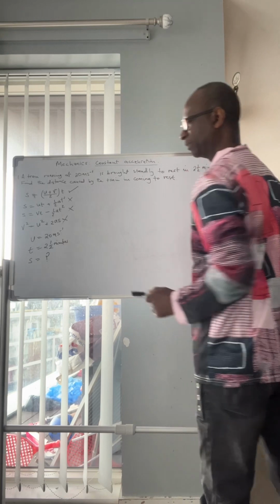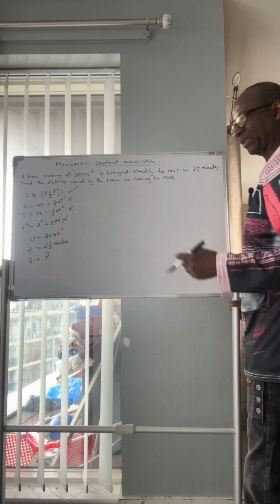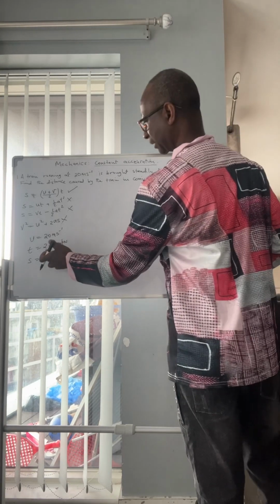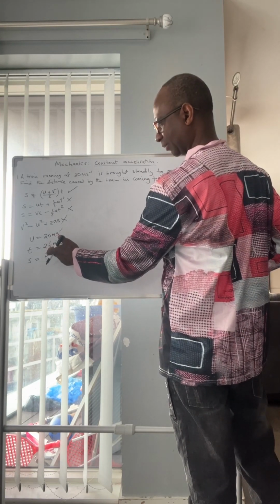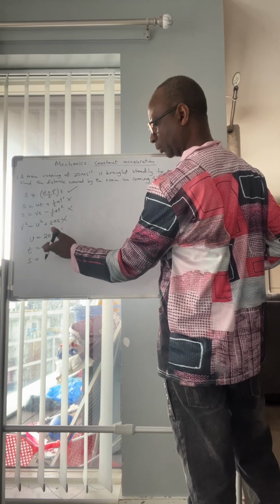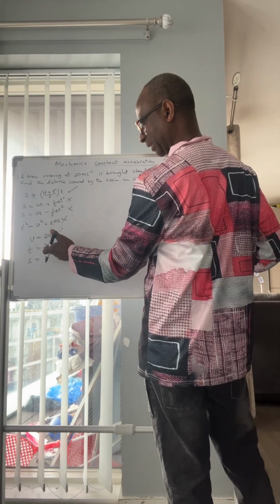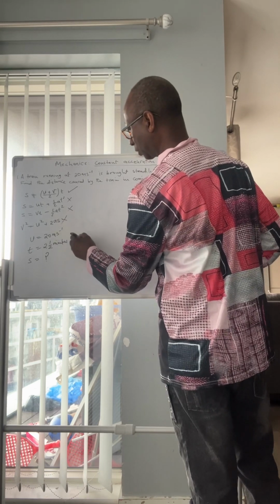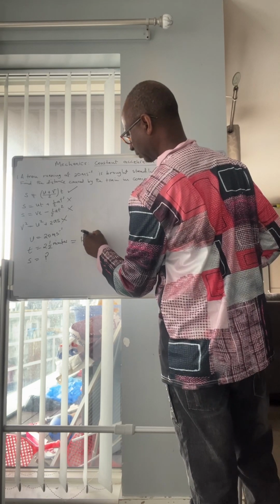So what is 2.5 minutes in seconds? Convert it to seconds. 1 minute is 60 seconds. So 2 minutes is 120, plus half a minute, 30 seconds. So this equates to 150 seconds.